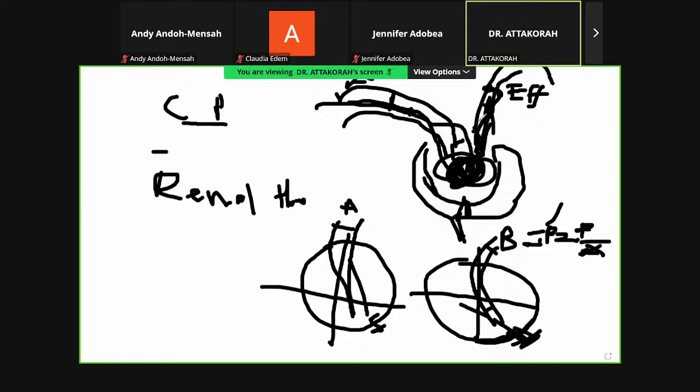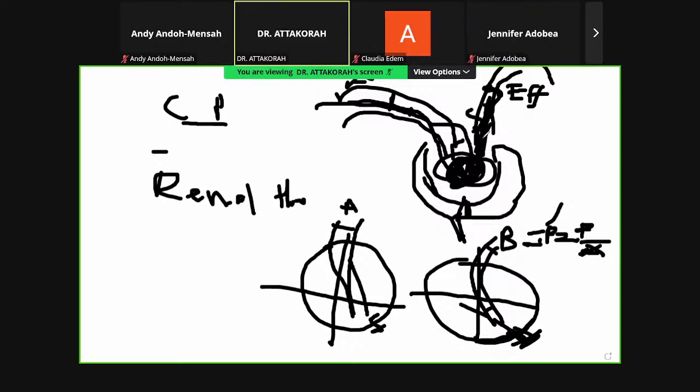And for this blood leaving to face more resistance, the lumen of the efferent should be smaller than the lumen here, such that the pressure builds up here. Blood leaving the capillaries will face more resistance, and as it faces more resistance, there will be more pressure buildup within the capillaries to cause ultrafiltration.